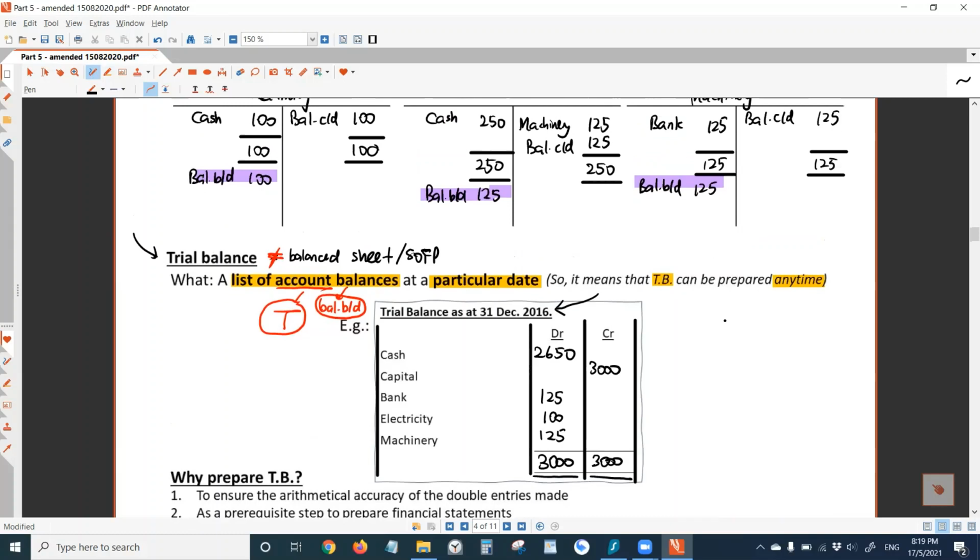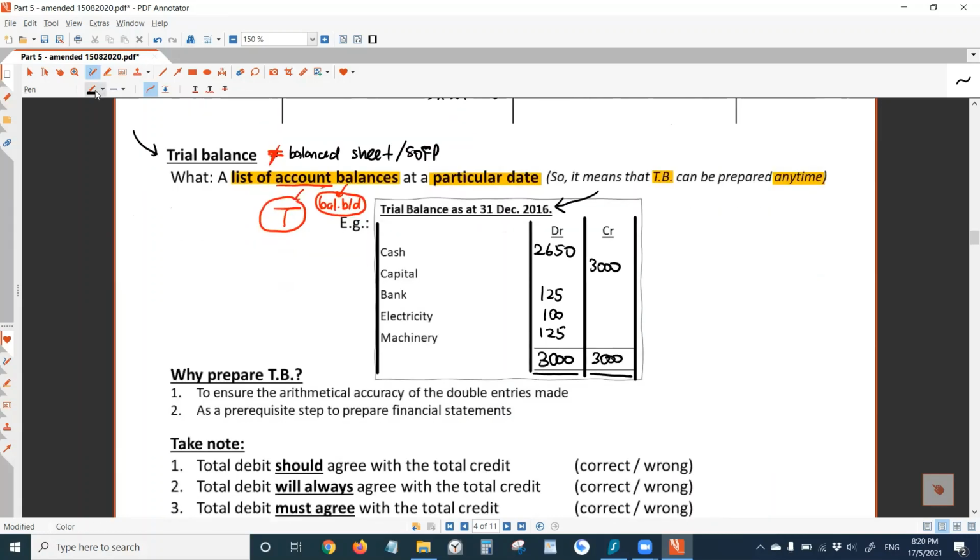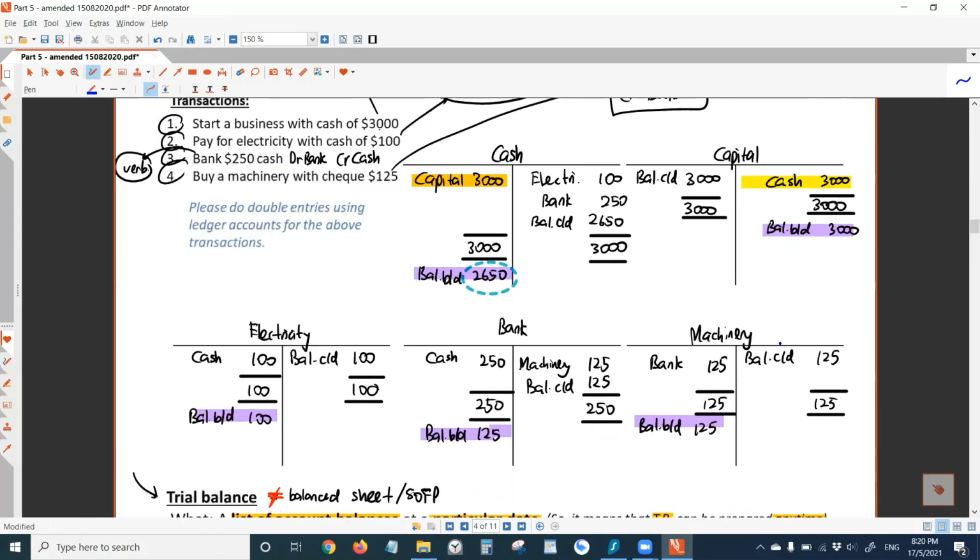So that's how you prepare the trial balance. Must they be equal to one another? The answer is yes, the totals must be equal. If the total debit is not equal to the total credit, it indicates that there must have been some error made earlier, probably when you were recording the transactions into the T accounts.